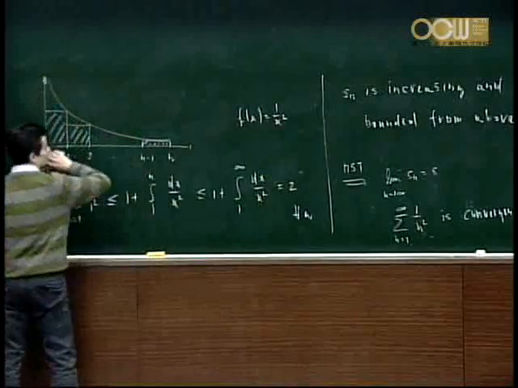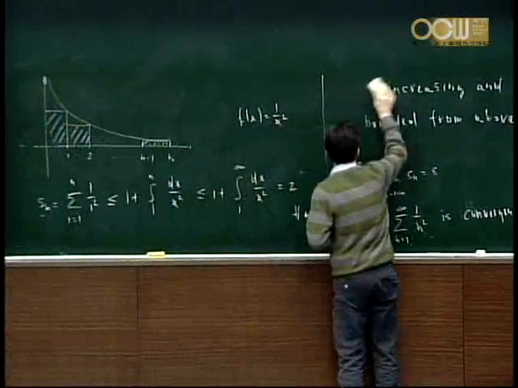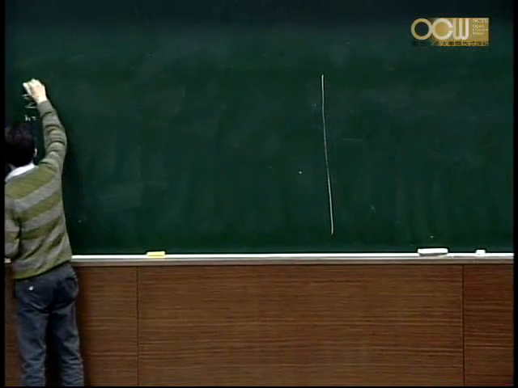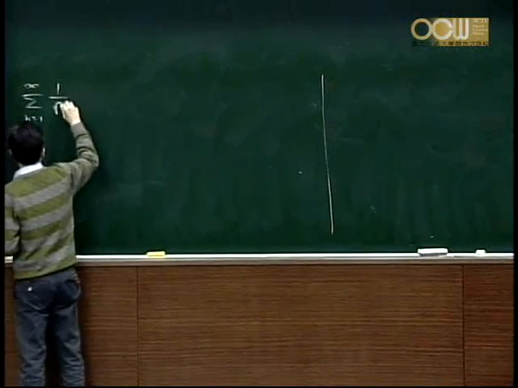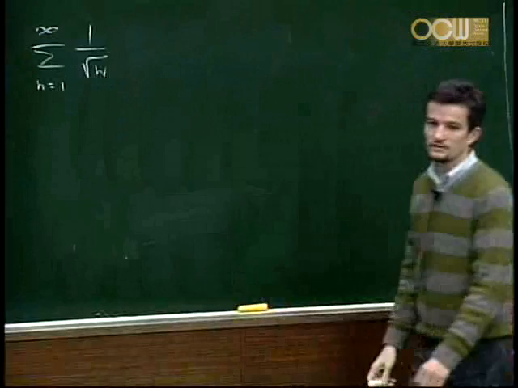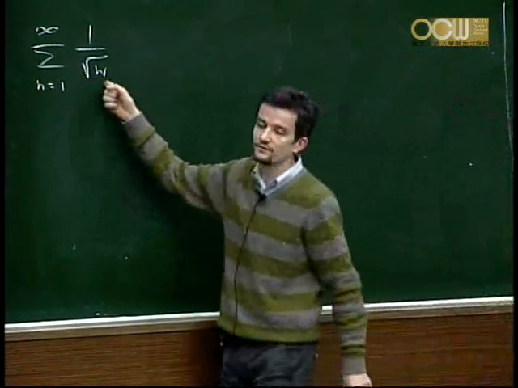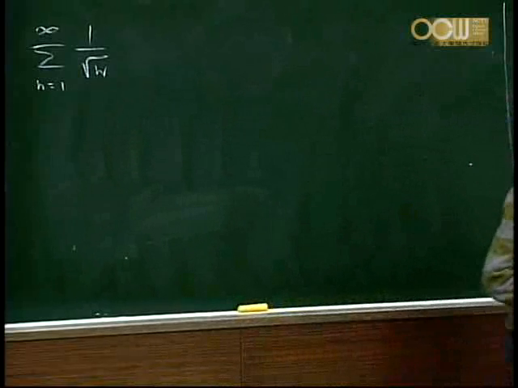Now, how about divergence? Let's look at another series. Somehow similar, but the only difference is now that the exponent of n is not 2, but 1/2.